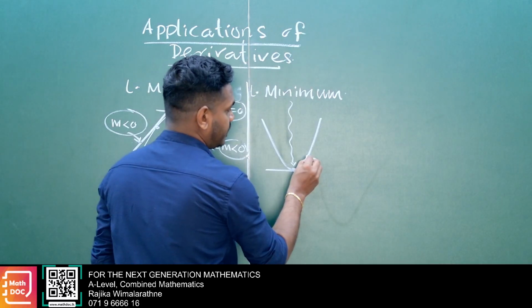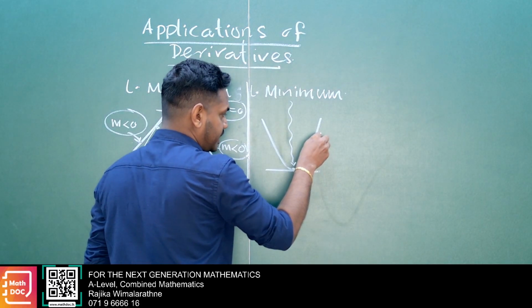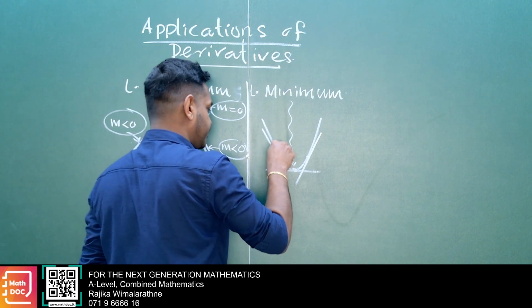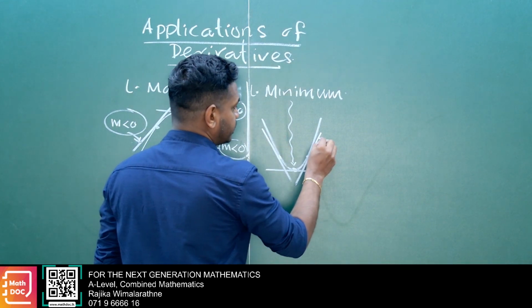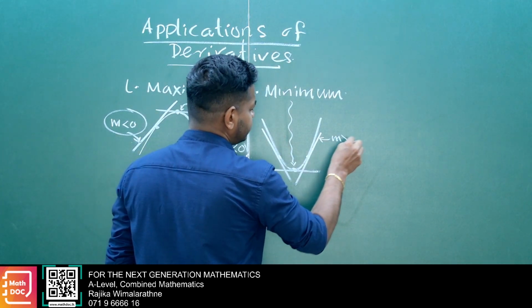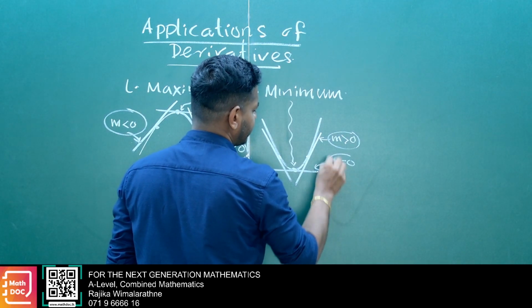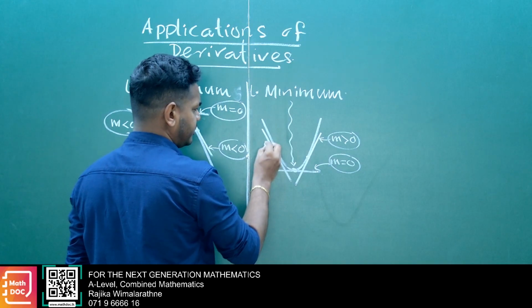When you consider a point somewhere here and sketch a tangent, here is a positive gradient, here a zero gradient, and here a negative gradient.